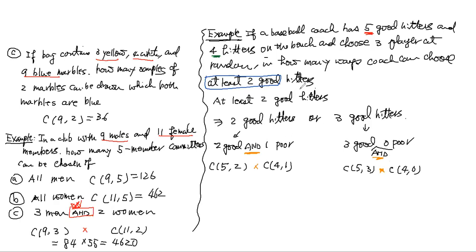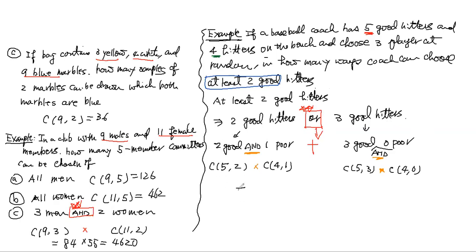Now we need to combine this statement: I have 2 good hitters and 1 poor, or 3 good hitters. If you see "or," remember what we do: "or" is addition and "and" is multiplication. Now put it into the calculator.